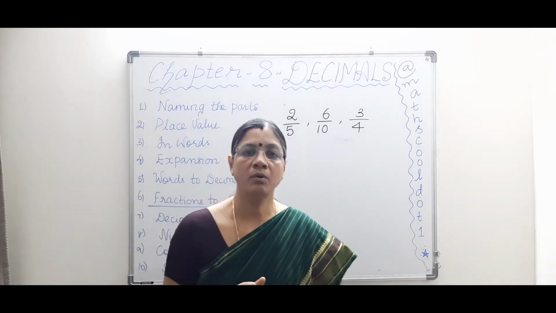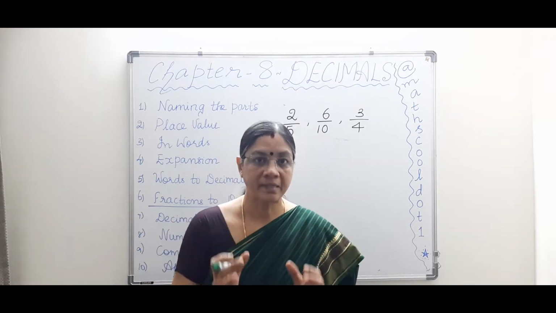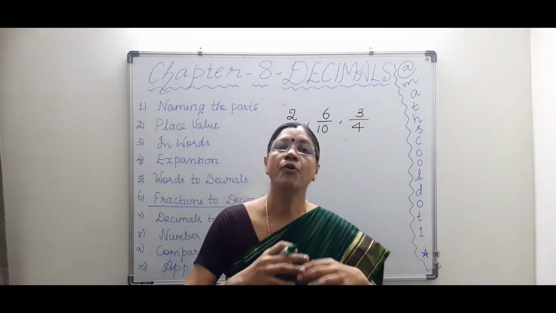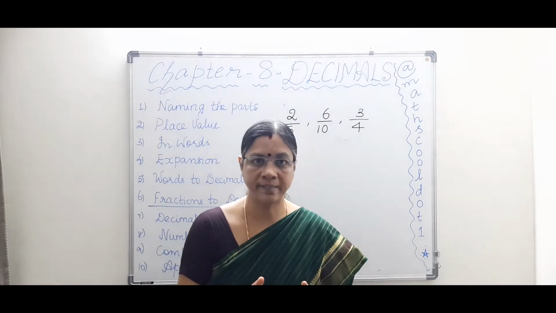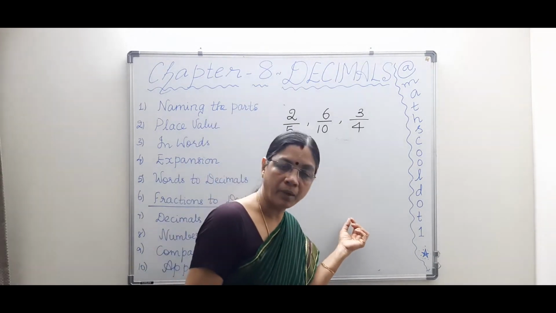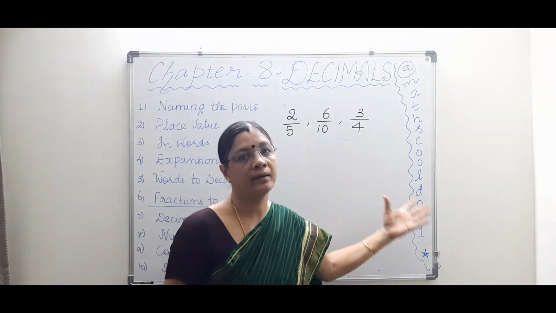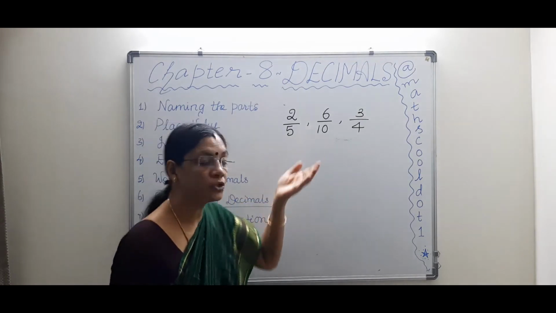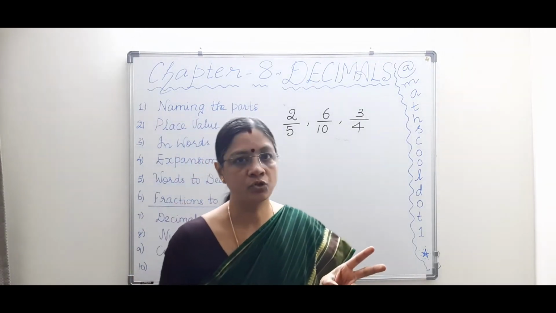That is what I said last class. Decimals are numbers which represent fractions, that is, parts of a whole. So we have a whole number part, a decimal point in between, and then the decimal places. While changing fractions to decimals, I told you there are two methods.